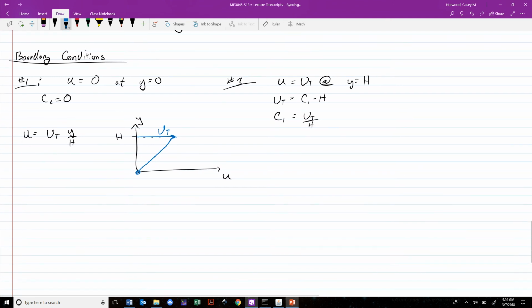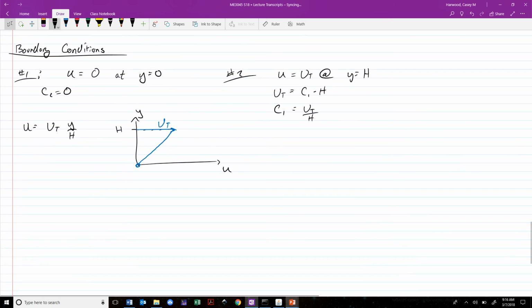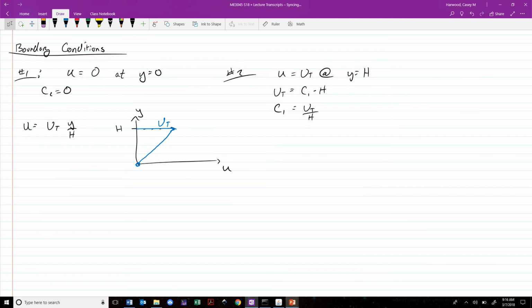We've got enough time to quickly do the energy equation as well.